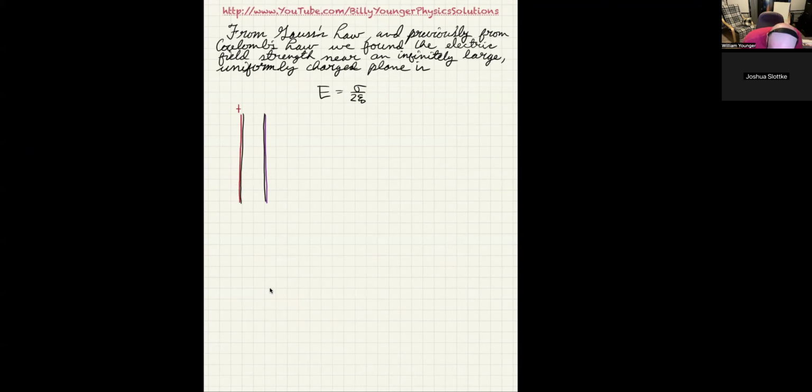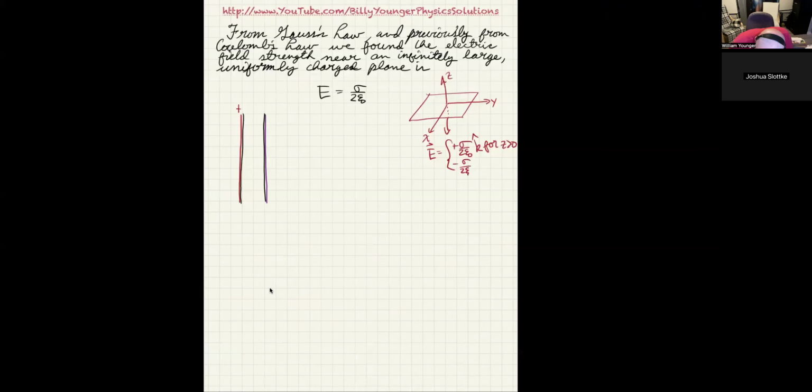And what we really found was that if you had a plane like this, and you set it such that this was your y-axis, this was your x-axis, and this is your z-axis, then E was equal to positive sigma over 2 epsilon naught k hat for z greater than 0, and negative sigma over 2 epsilon naught k hat for z less than 0.